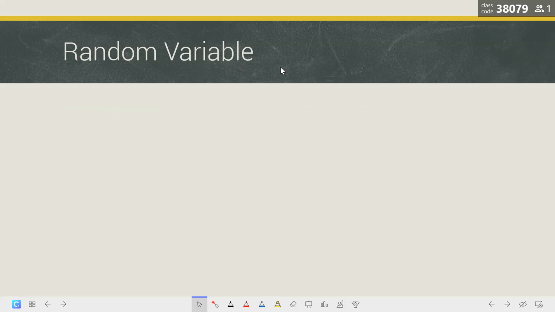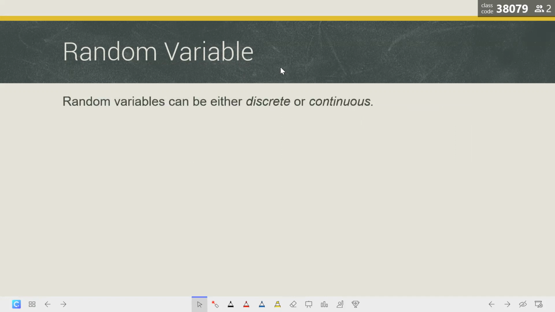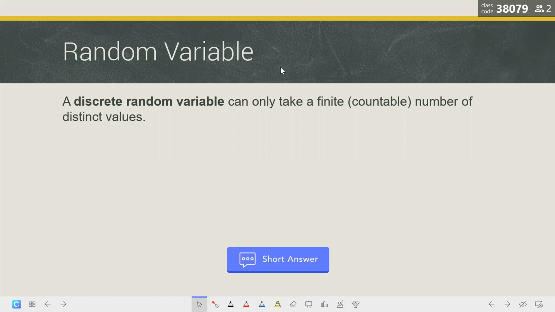Okay. So as I've said a while ago, a random variable can be categorized as discrete or continuous. So let's first have the discrete random variable. A discrete random variable can only take a finite, or when we say finite, it's countable, nabibilang.